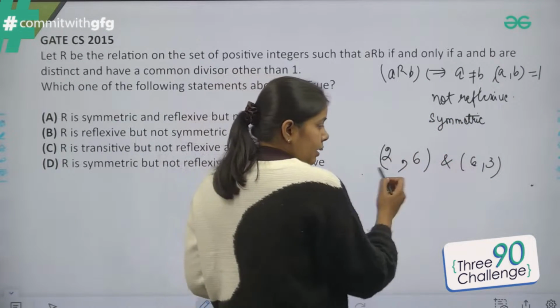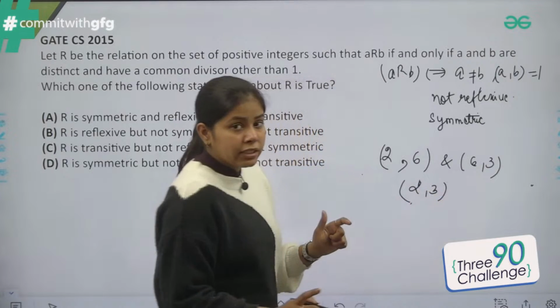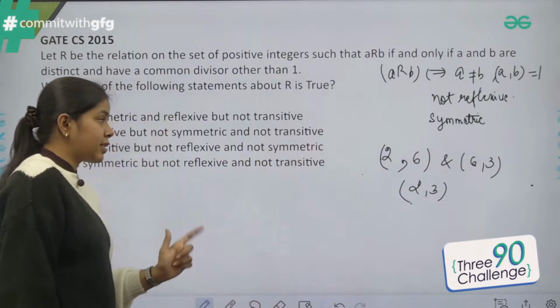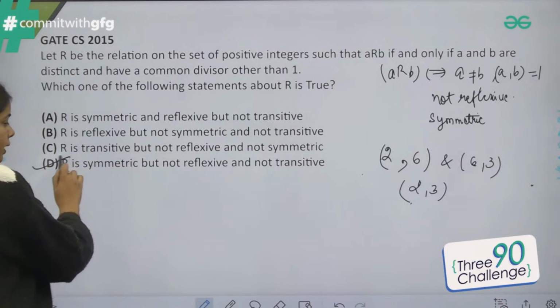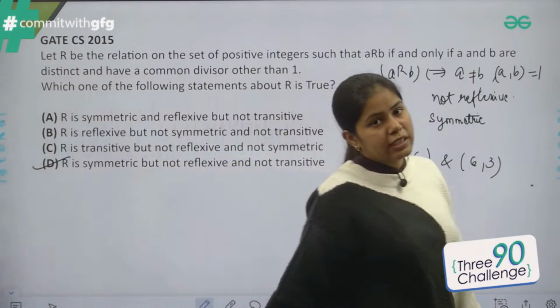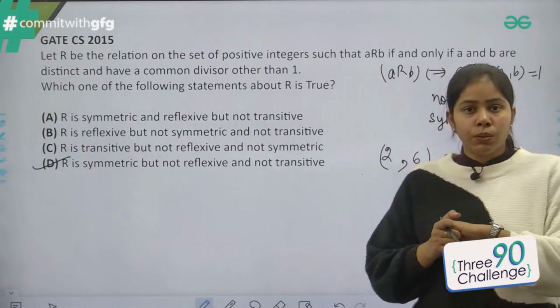But if I take their transitive, I'll get 2 comma 3. They are not equal, but their GCD is 1, so that's why it's not transitive. So it is not reflexive but symmetric, but not transitive. So I can say that R is symmetric but not reflexive and transitive. Option D is true. I hope you guys get why option D is true.